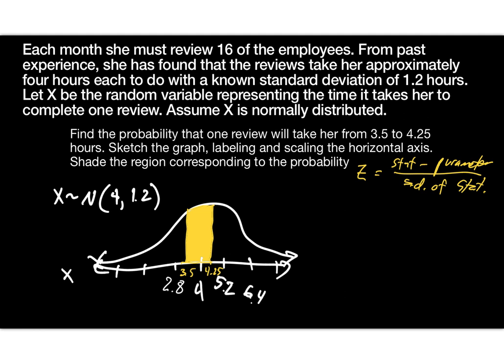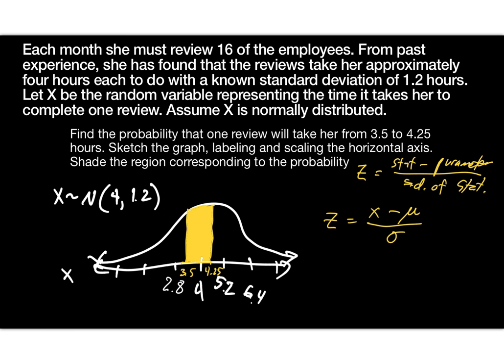So for this case, my statistic is whatever I'm taking, which is X, picking one person out of the population, minus the parameter. In this case, we're going to compare it to the mean, divided by the standard deviation of X, which we were told is 1.2. I can then find the standardization of both of those values.